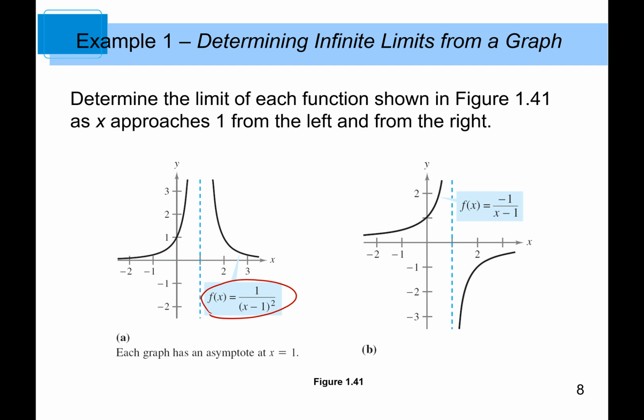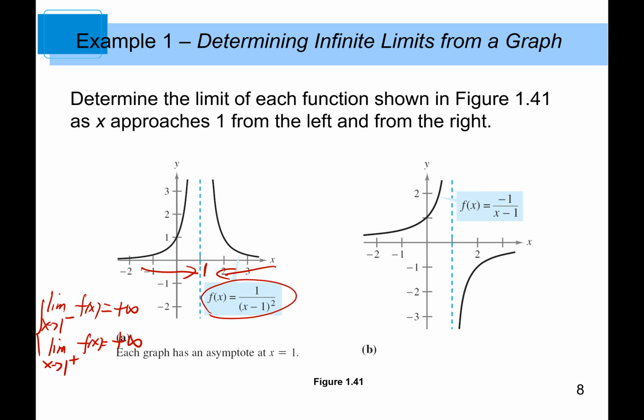As you can see, when x approaches 1 from the left, the limit of f of x is positive infinity, and when x approaches 1 from the right on this side, the limit of f of x is also positive infinity, and that means the limit does not exist.